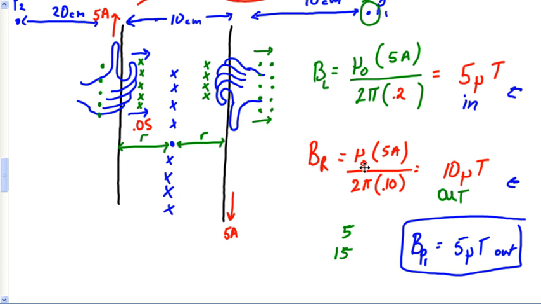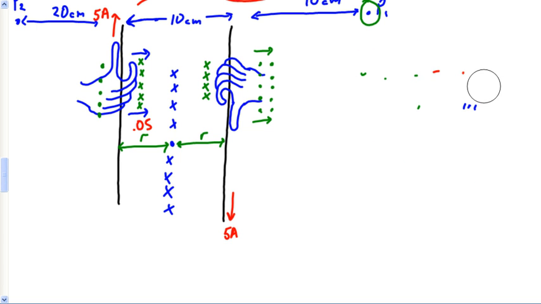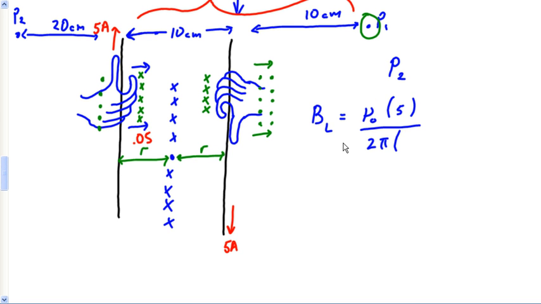Now I'm going to erase what I've done so far and go figure out the one on the left. So this is for point P2. B for my left wire would be again mu OI, which is 5 over 2 pi. And now, how far is the left wire from point P2? It says 20 centimeters, so that's 0.2. I already know the answer to that, I just did it a second ago.